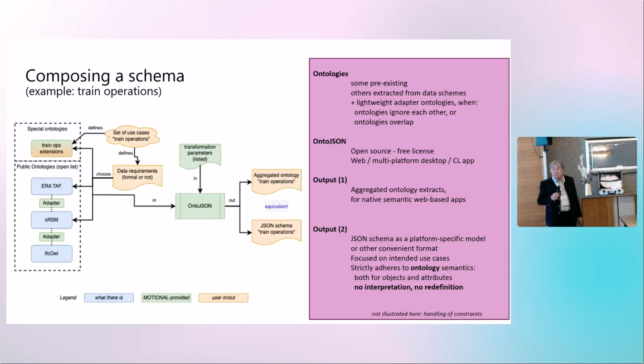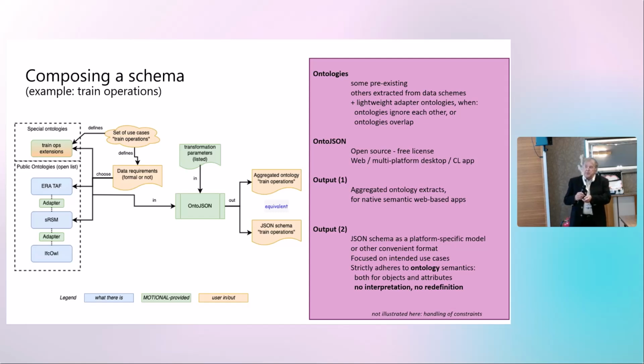And with this practical setup, in fact, on the... Does it work? Yeah. Not very bright, but still. On the left-hand side, you have the stack of public ontologies that are supposed to be federated, like semantic RSM for the topology of the railways, the ERA-TAF ontology, and, well, IFCO. Then I need a couple of adapters.